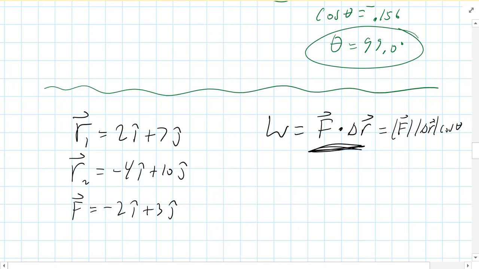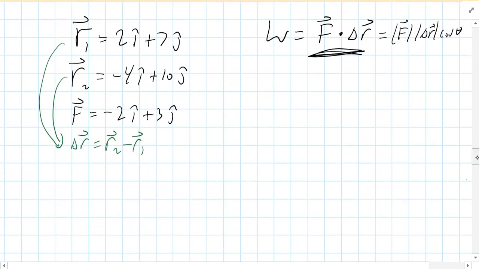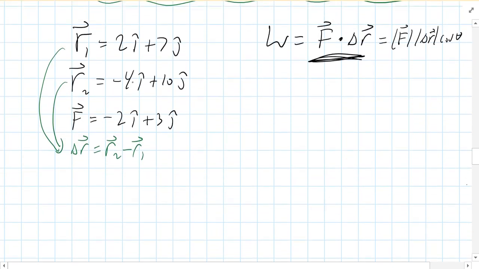Now, before I do that, though, I need to know what delta R is. So I'm going to take delta R, which is R2 minus R1, okay? So negative 4 minus 2 is negative 6i, and then in the j direction it's 10 minus 7, which is plus 3j. So that's our delta R.